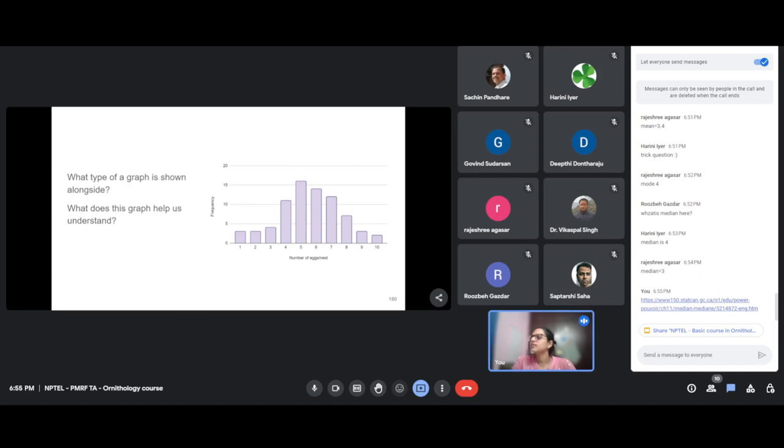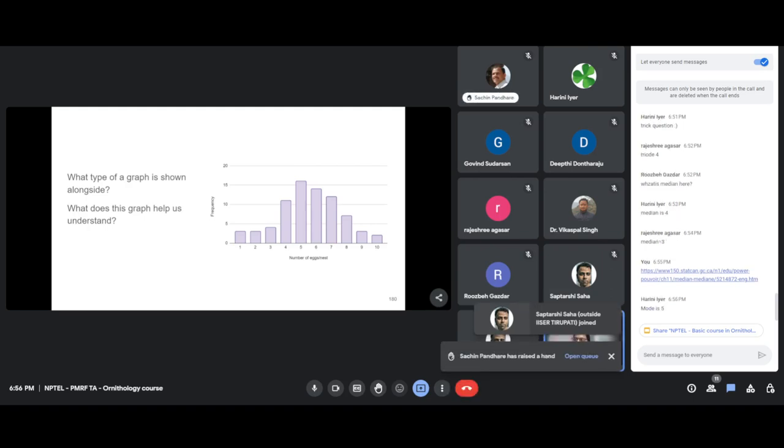So out here you have a graph, and you have number of eggs per nest shown out here, and you have a frequency. So what is this actually showing us? Would anyone like to take a stab at what it is showing us?